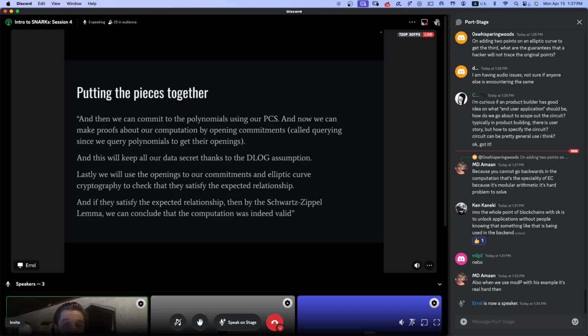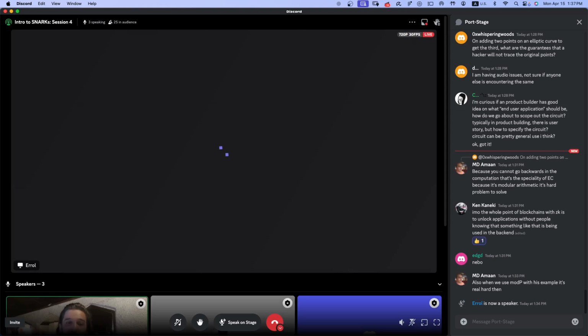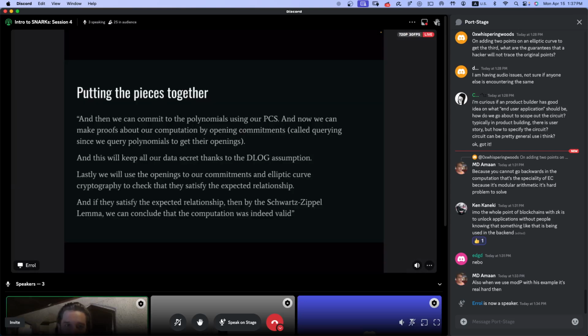And if the computation has been filled in correctly, these polynomials should be the same size, and they should actually just be the same polynomial. So we'll evaluate both of them at a random point and see if their evaluations are the same, which is exactly the Schwartz-Zippel lemma.